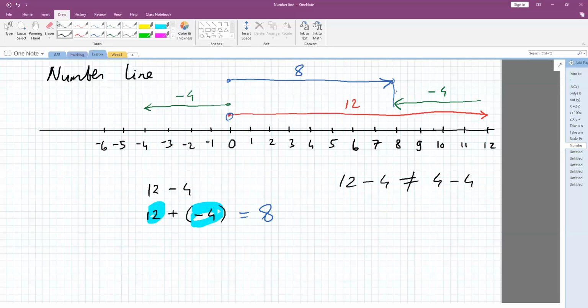But if you want to use the commutative property, you need to know that the minus sign here is like you have 12 plus something which is -4, and therefore now it's -4 plus 12.